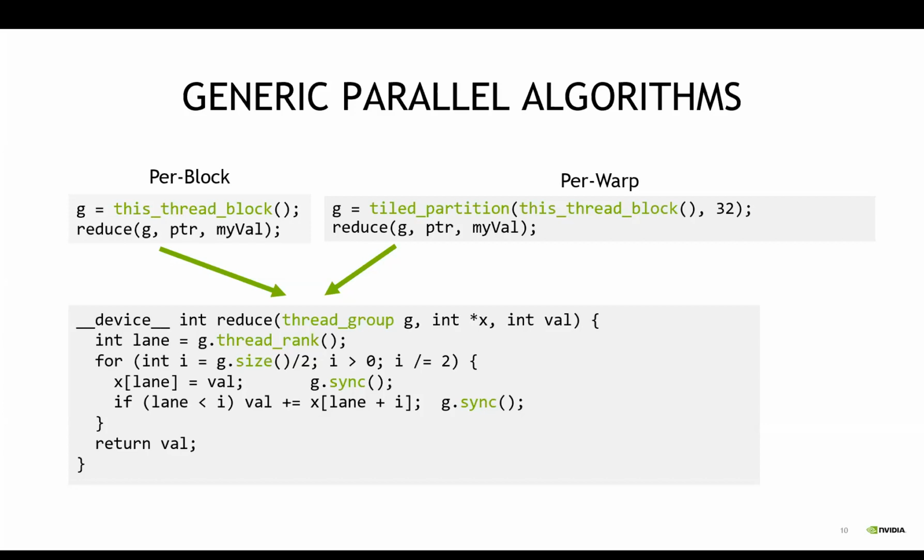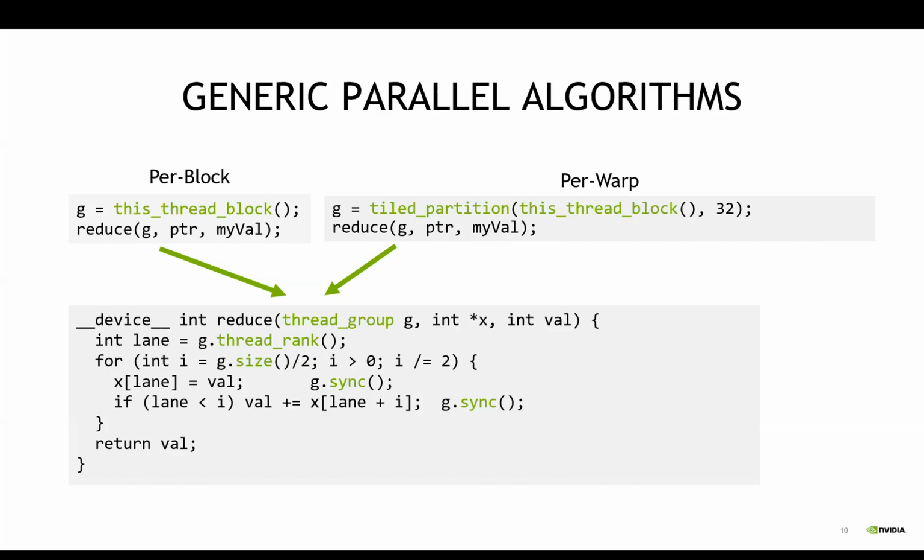You'll note also that we're using one of the methods, g.size. This allows us to have behavior that's independent, more or less, of the thread group size. And remember, we restricted our thread groups to power of 2 sizes. At least for the tiled subdivisions, we restricted those to power of 2 sizes. That was important because we're using a power of 2 subdivision sweep strategy here.